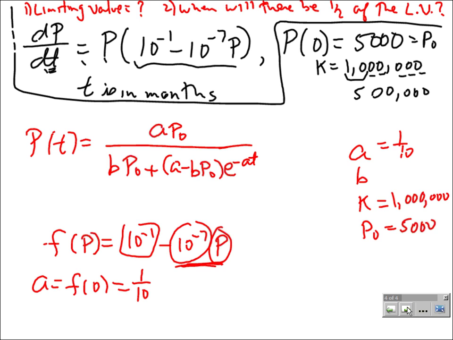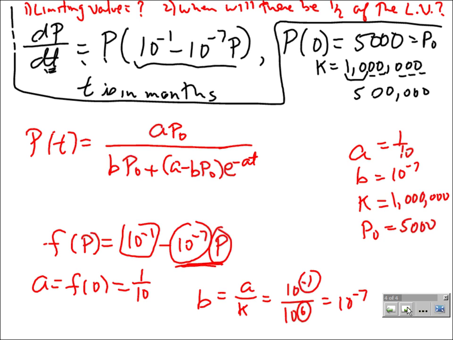A is 1/10. B is A over K. 1/10 is the same as 10 to the negative 1, and K is 1,000,000, so it's 10 to the 6th. This power minus that power is negative 7. That is B. It is 10 to the negative 7.